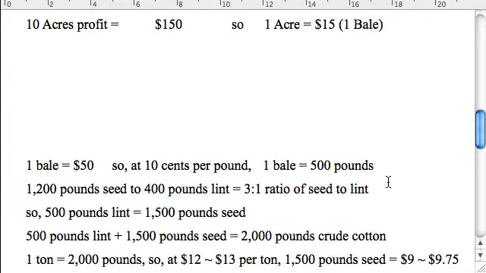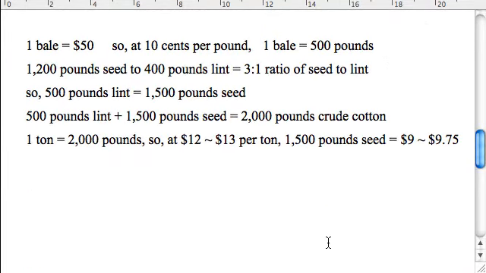So we know that if we had 500 pounds of lint, which would be one bale, we would be producing 1,500 pounds of seed, which means that that plus that equals 2,000 pounds of crude cotton is what we should be talking about, not 1,600.